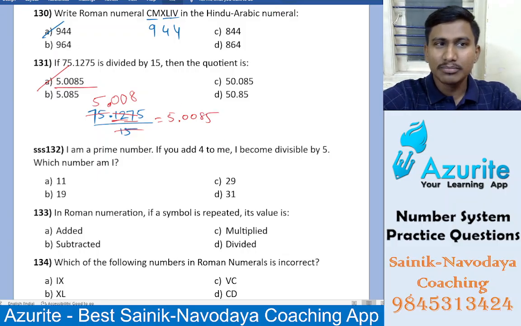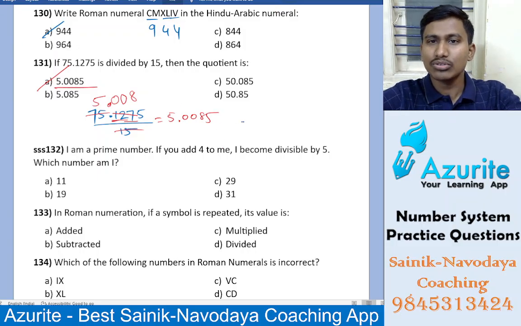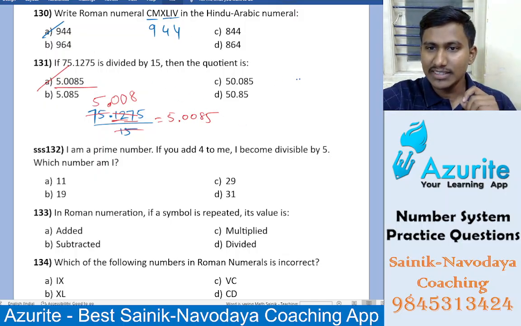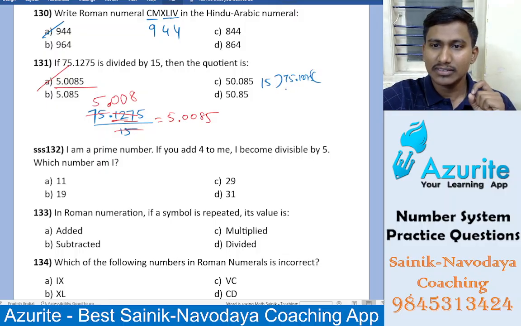Or you can do the long division method also. So in the long division, you take it like this, right? So divide by 15. 75.1275 divided, right? So 15 5s are 75. Now minus it, 0, the point is there, give the point, right?